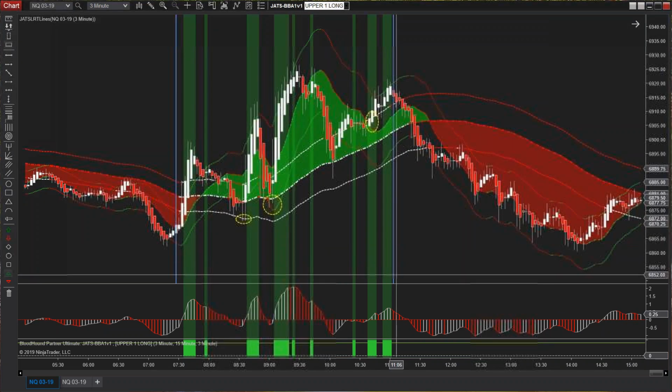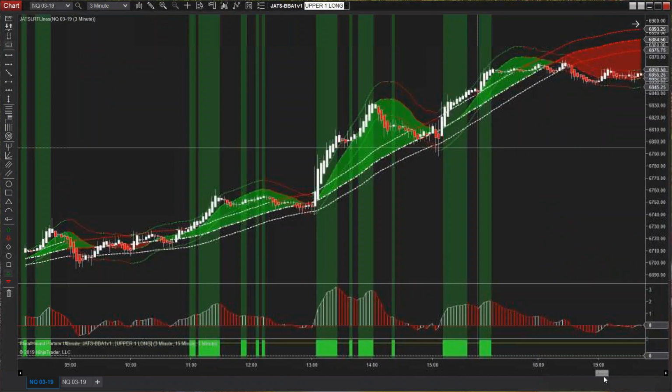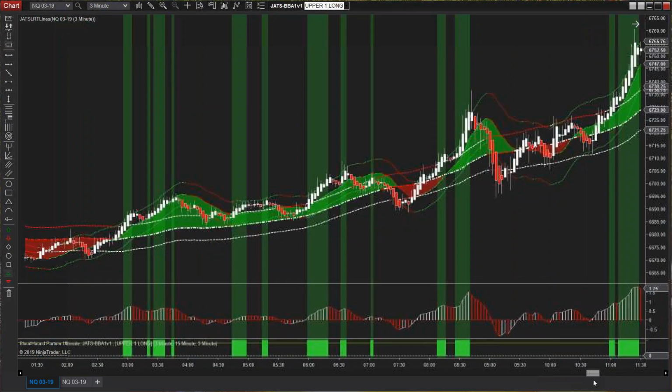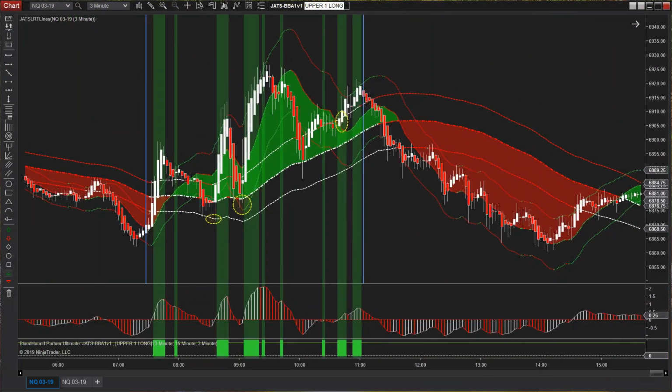I'd like to point out a couple of things very quickly regarding the template for you. When we're in an uptrend and the market is moving up and out, that's what this upper one long is for. Then you want to come in on a bar close false signal and execute a trade on the JATS LRT lines at a specific location.